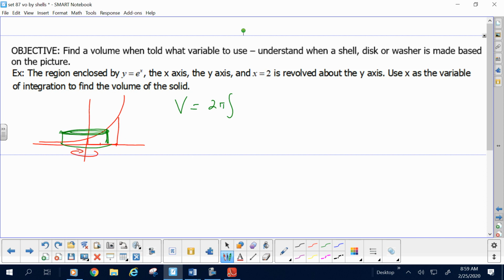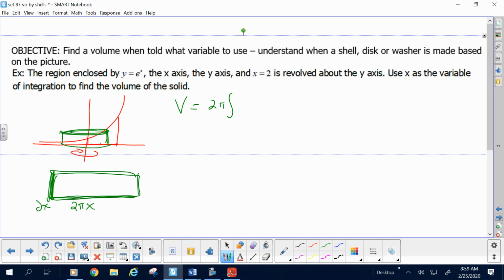What is next? Here's the slice unwrapped. Okay, the thickness, what is it? dx. What is this dimension? 2 pi, the radius is x.